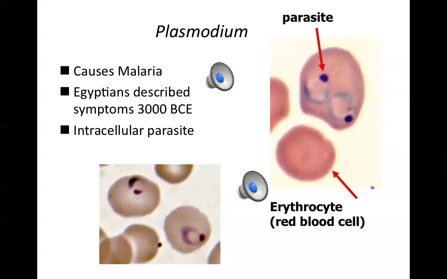In fact, the Plasmodium parasite grows and lives inside the red blood cells and the cells of the liver of the infected patient, consuming the intracellular contents of those cells in order to reproduce and continue to grow.